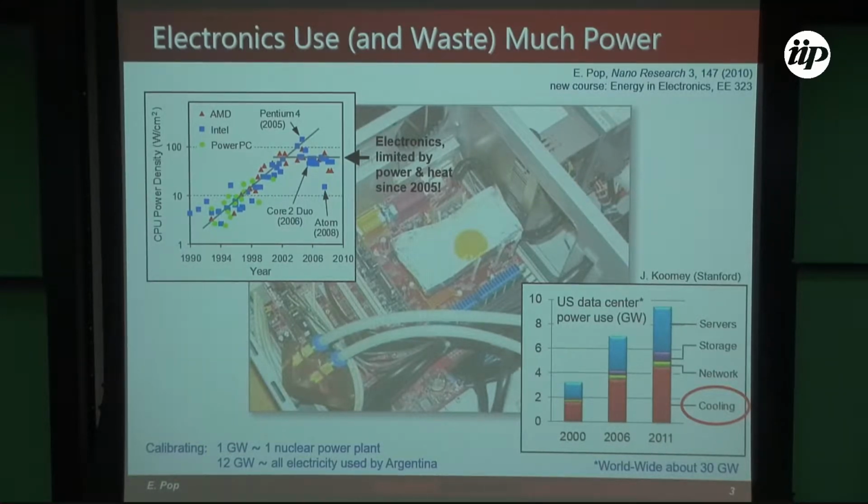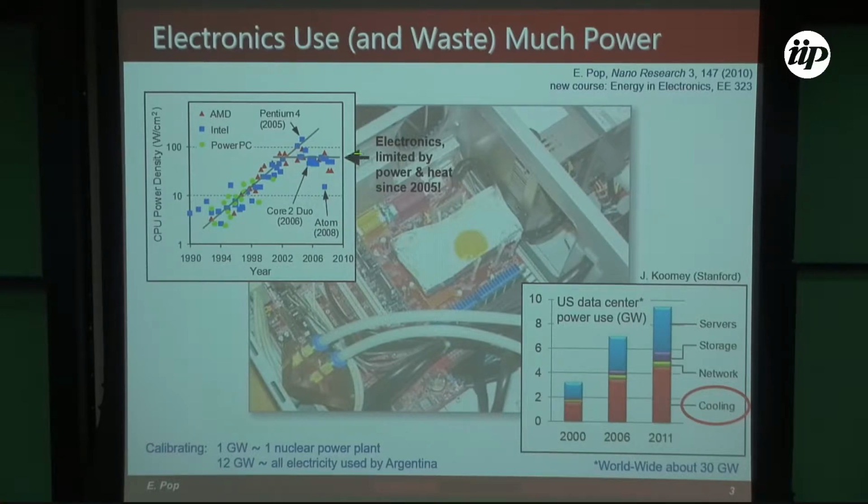So it illustrates that even back in 2005, CPUs were getting very, very hot. In fact, I have data to show you that. If you look at the power density in CPUs, central processing units, notice this is a log scale. So this has gone up exponentially over the previous decade or two. And in 2005, we had the Pentium 4, which was hitting over 100 watts per square centimeter.